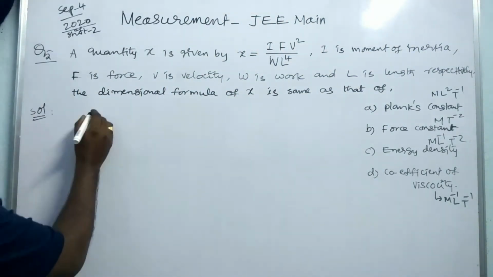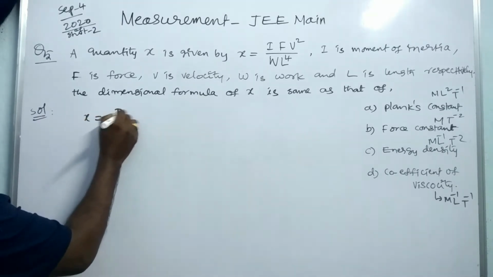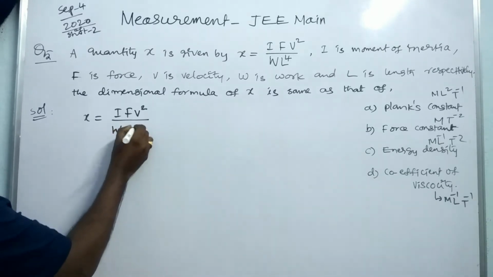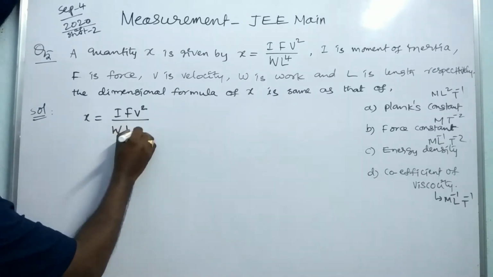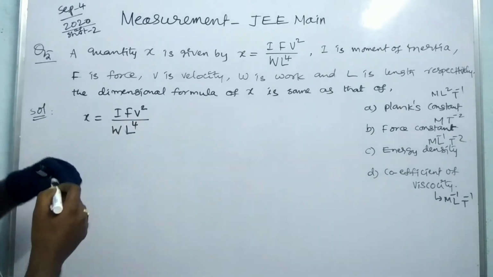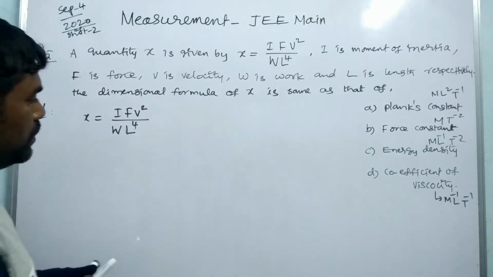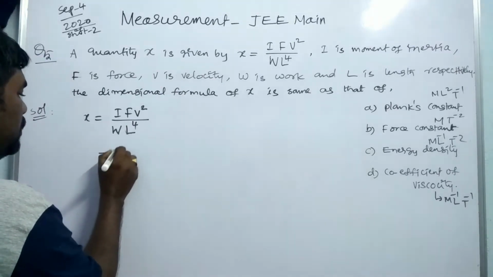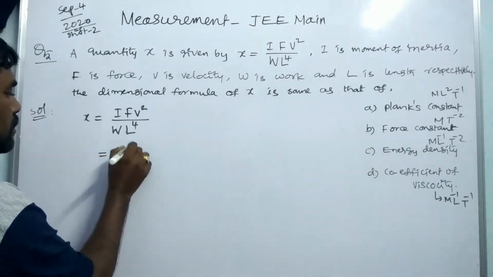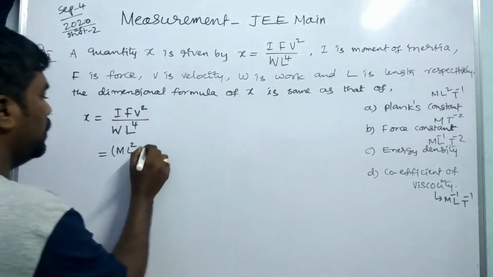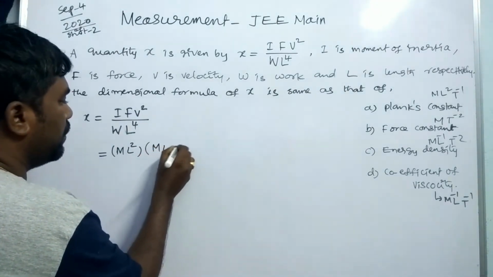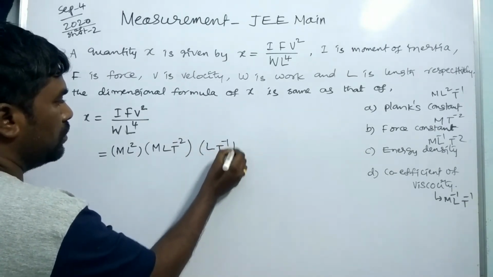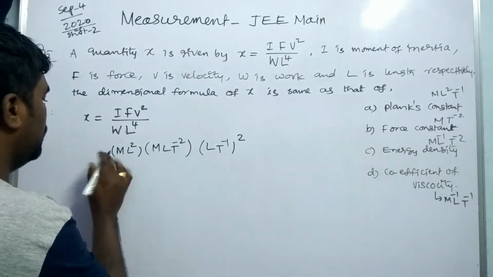So x is equal to I F V square by W L power 4. I is the moment of inertia, which is nothing but I equals m r square, so it is M L2. F is equal to M L T minus 2. V square is L T minus 1 whole square.